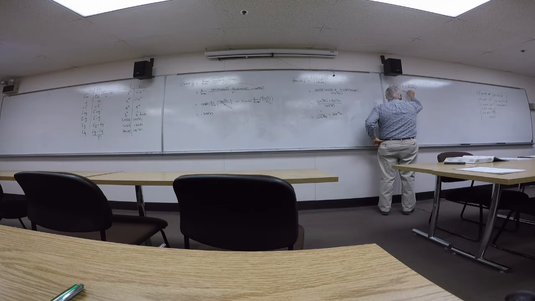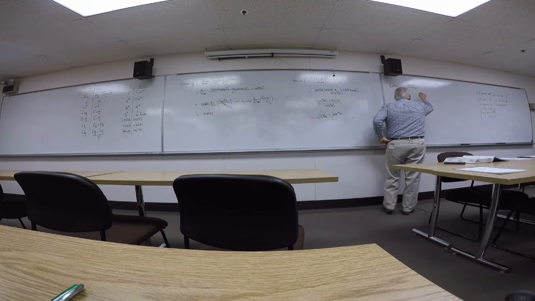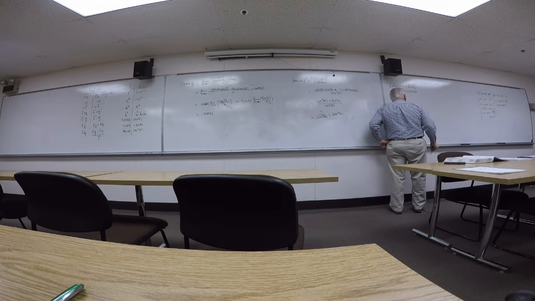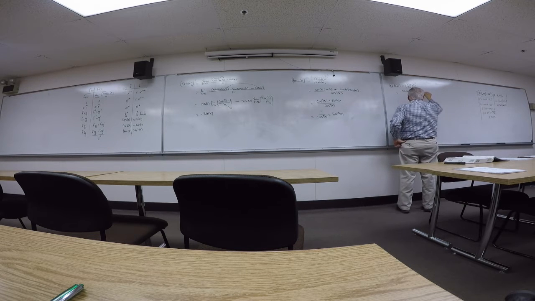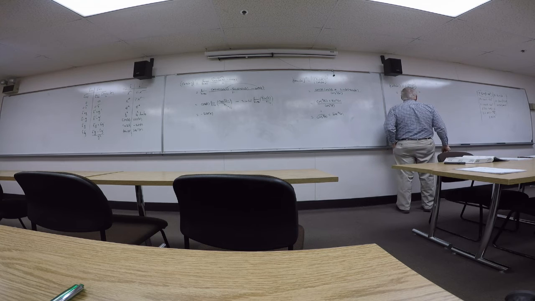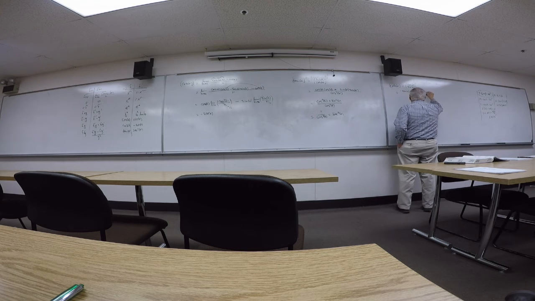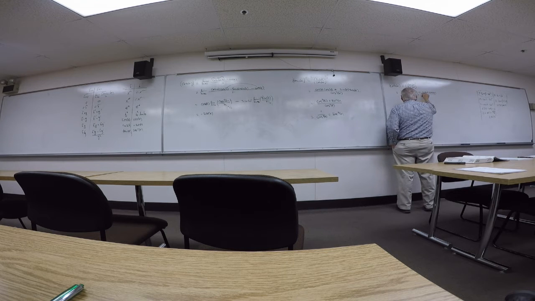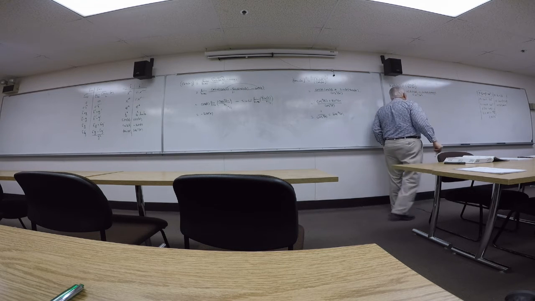Derivative of the numerator, minus sine of x, times denominator sine of x, subtract numerator times derivative of denominator, over the square of the denominator.